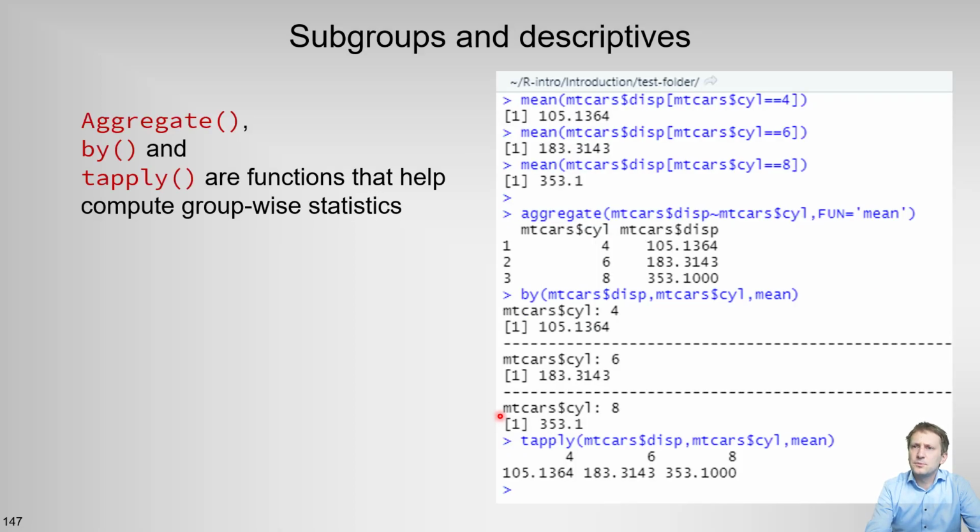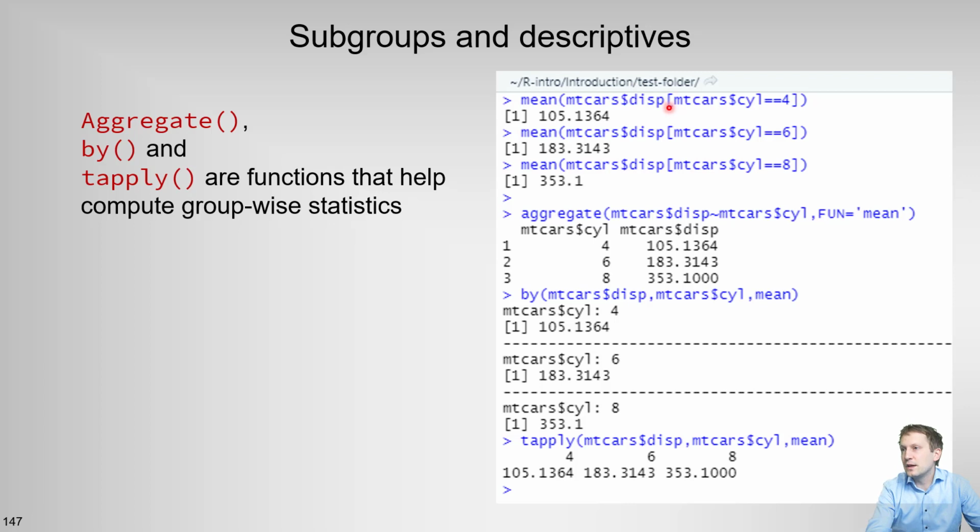Then for subgroups, there are different ways of computing averages or standard deviations by subgroup. You can use aggregate, by, or tapply. They all serve the same purpose. The outputs are going to be a little bit different, and the syntax for using each of those functions is also slightly different. Let's say we wanted to know displacement by the number of cylinders. We could subset manually and take the displacement information, mtcars$disp.